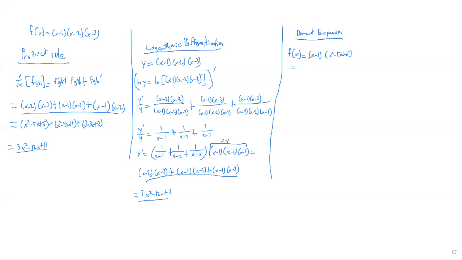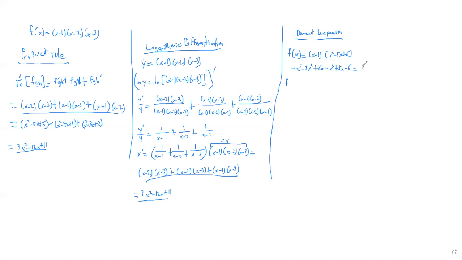Let's use FOIL. So x times all this is x cubed minus 5x squared plus 6x minus x squared plus 5x minus 6. And that, okay, so that's f of x. You know what? We can simplify this.